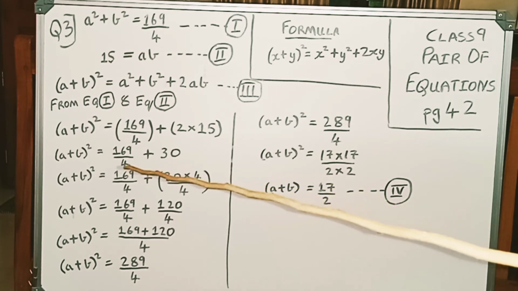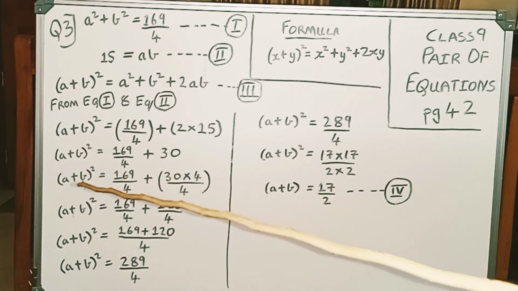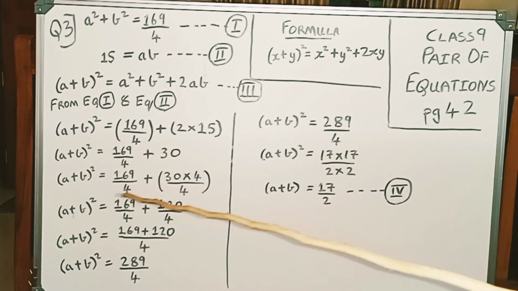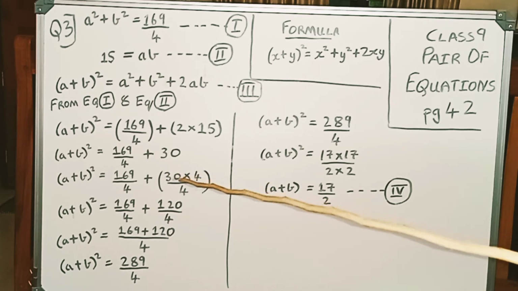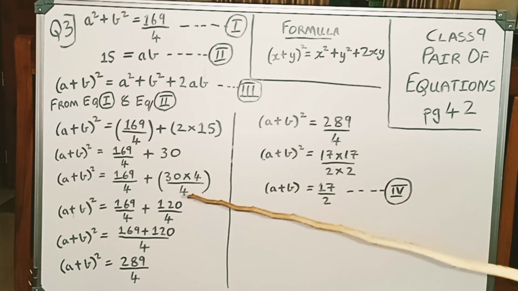Why? Because you want the denominator to be 4. So the first term you will bring down as it is. a plus b the whole square is equal to 169 divided by 4, plus, bracket open, 30 into 4 then divided by 4.